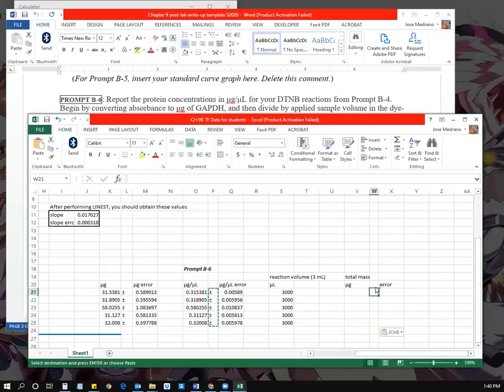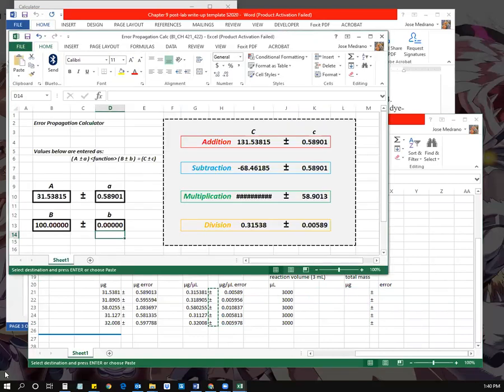Another trick to error propagation is that if you have a starting value with some associated error, and you multiply by a second value that has no error, then you can just multiply both the value and the error by 3000, and you don't have to do any error propagation or use the error propagation calculator.